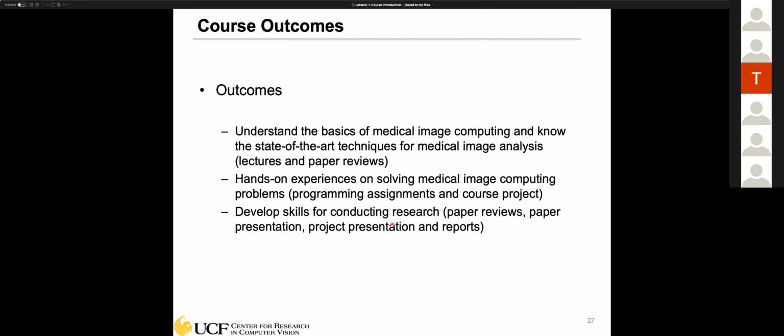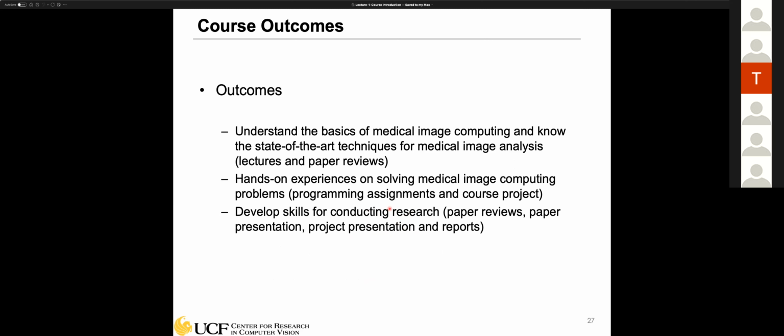So the outcome of the course is threefold. One is to understand some of the fundamentals of medical image computing and know the state-of-the-art techniques for those image analysis tasks, from the lectures I provide and the paper reviews, okay?